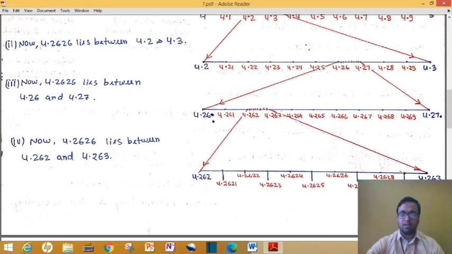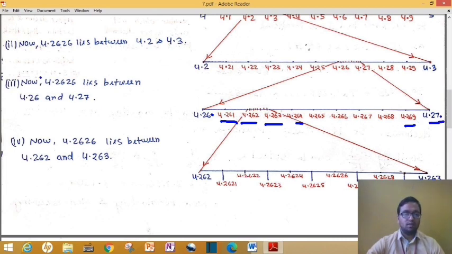Okay, and here we can say this is 260 and we will call it 261, then 262, then 263. 10 divisions we have made, so up to 4.269 and at last it is 4.270.